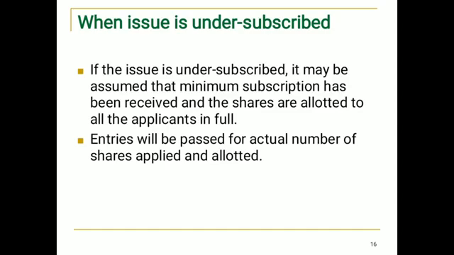Number of applications 25,000. So what are you going to consider? You are going to consider 25,000, not 30,000. Why? Because shares are applied and allotted for 25,000. Yes, 30,000 and 25,000 are just imaginary figures. It's just a simple example to understand this topic.